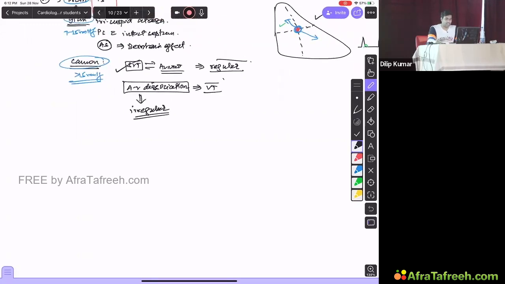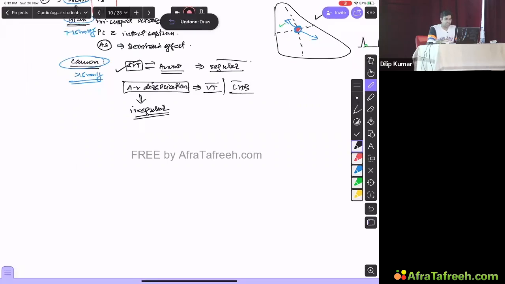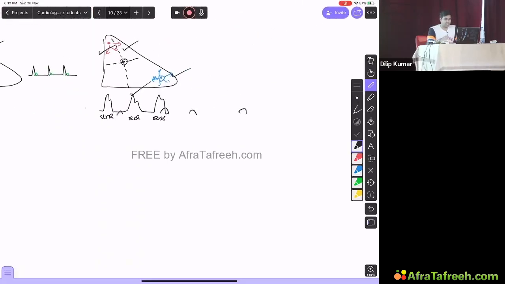Another condition where you can get AV dissociation is complete heart block, third degree heart block. Very similar principle. Here you have an SA node that is firing as usual into the atrium, but the AV node is completely blocked.